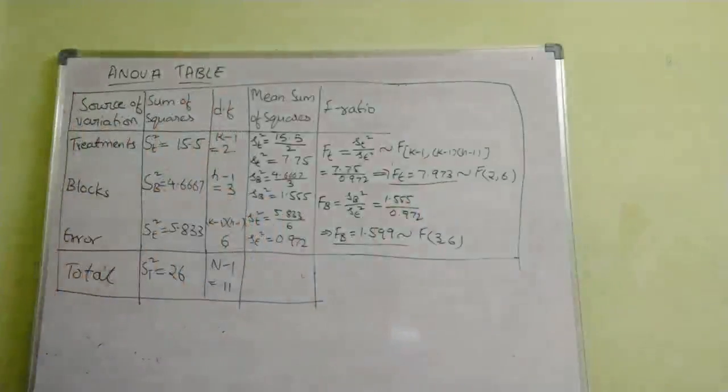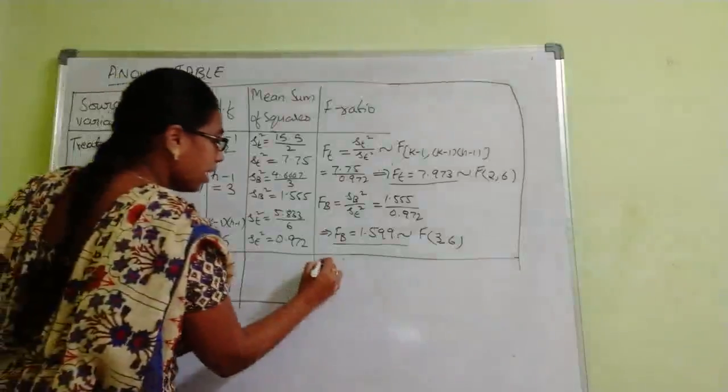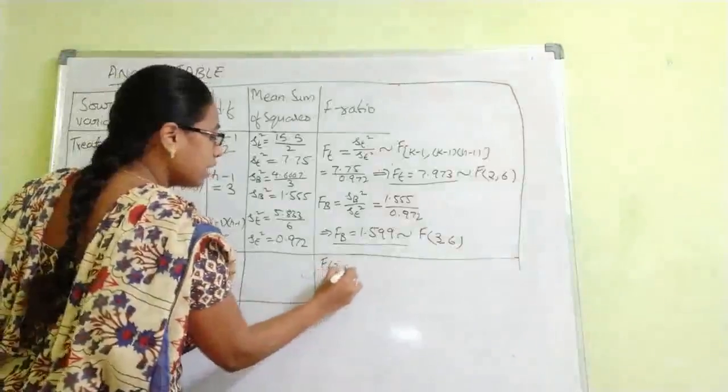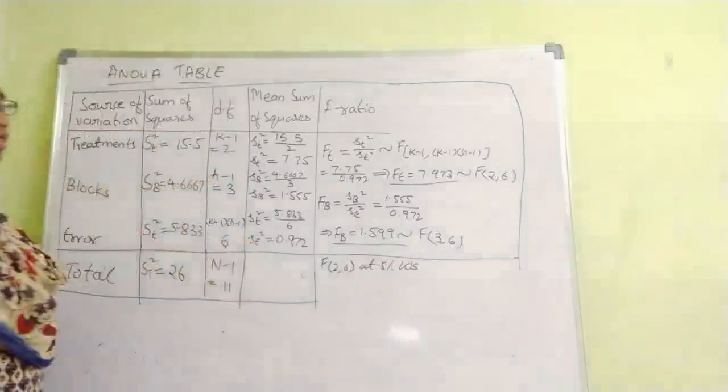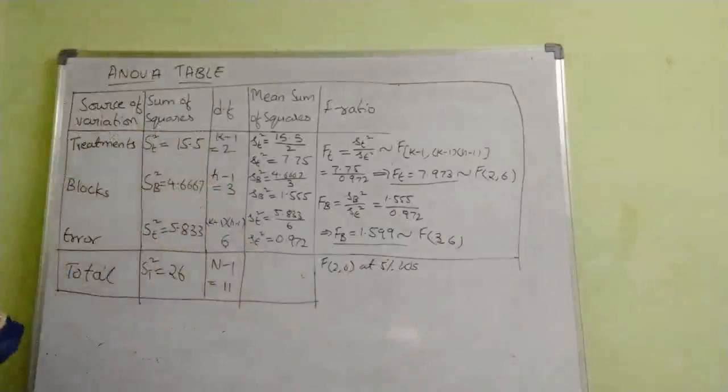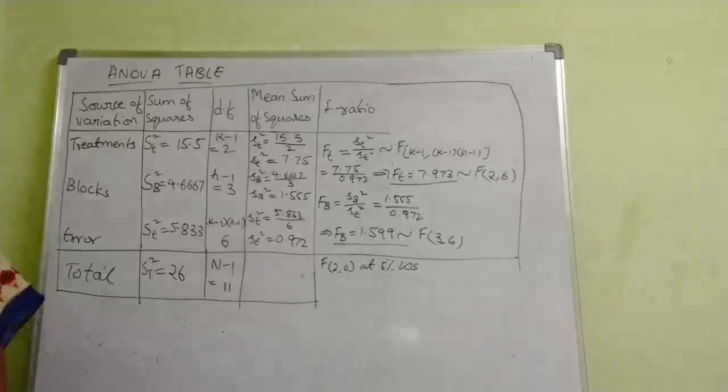So check the F table value at 2,6 degrees of freedom and also 3,6 degrees of freedom. First we will check for the treatment. F 2,6 at 5% level of significance; the level of significance is not given. So the F table value is 4.76.